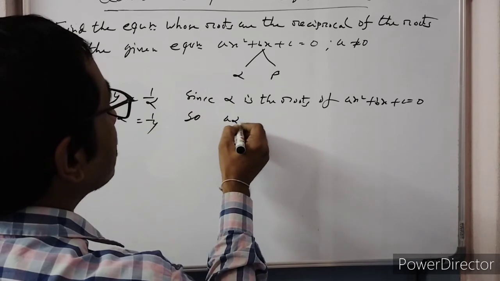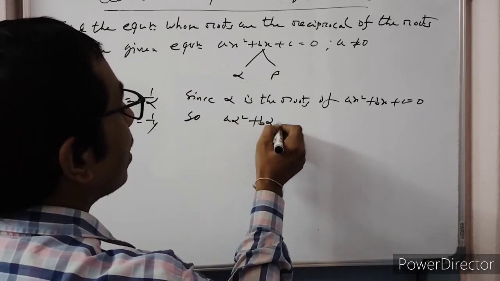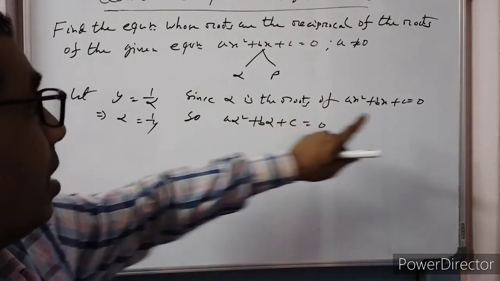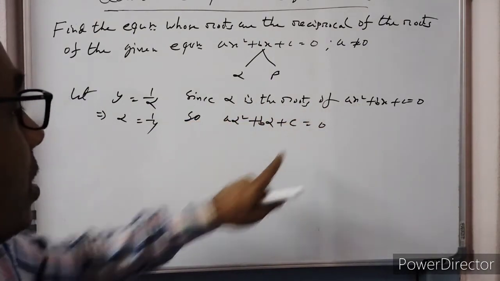So a alpha square plus b alpha plus c equals 0, since alpha is a root of the equation.